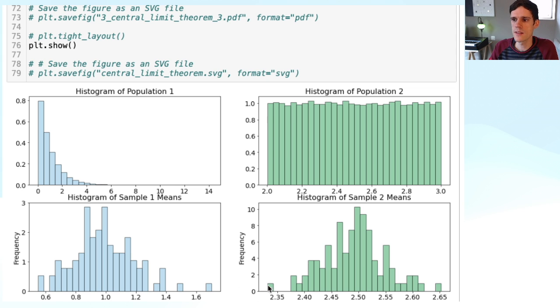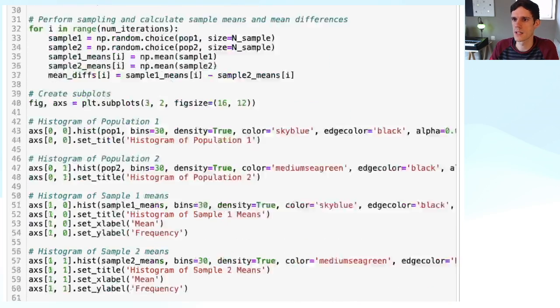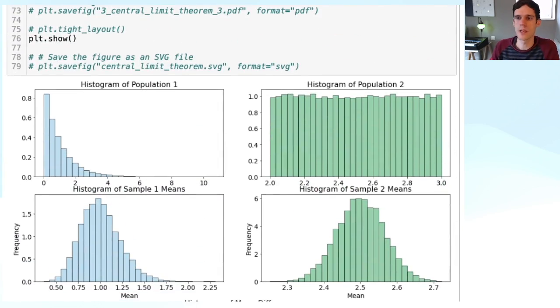We see that the histograms representing the sample statistics are not nice and smooth, but they are nonetheless seemingly normal. In fact, the number of samples that we take for each population doesn't affect the results of the central limit theorem all that much as the sample size did. Of course, we want to fix this again, so we put the number of samples that we take for each population again to 10,000. And you can play around with these numbers yourself and see if you can break it in another way.